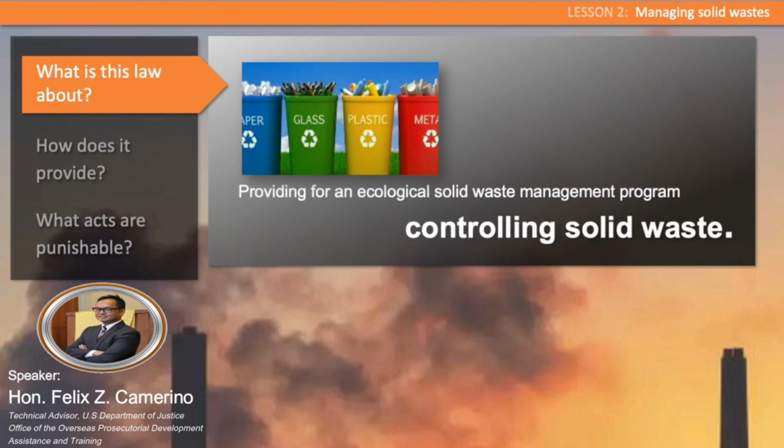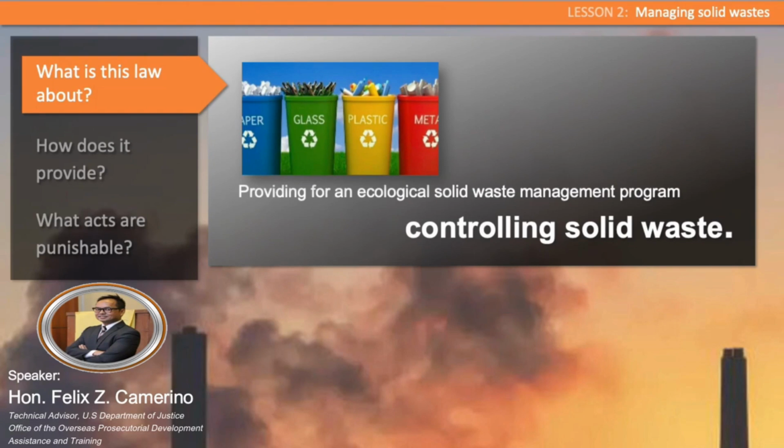Now, that gives us a general idea as to what this law is all about, but I think we need to just dig a little deeper just to give us a better understanding of what exactly we're referring to here when we say solid waste that needs to be controlled. What are we referring to here when we say ecological solid waste management? Okay, so let's see if we can get answers to those follow-up questions.